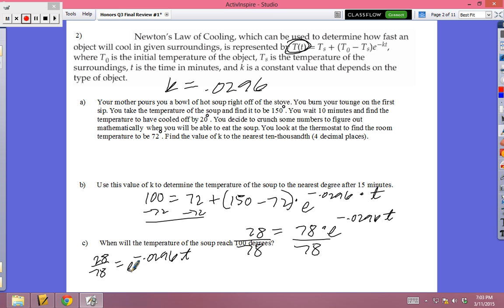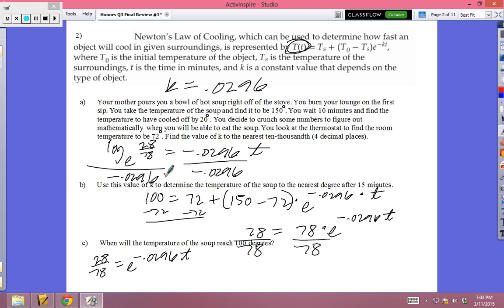And now let's undo this base of e. So let's do a log. Let's do the log in base e of 28 over 78, and that is equal to negative 0.0296 T. And now let's get the T by itself. Divide by negative 0.0296. Divide this by negative 0.0296.